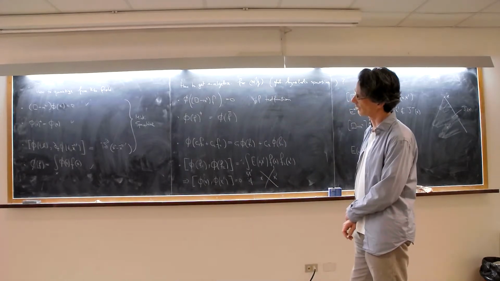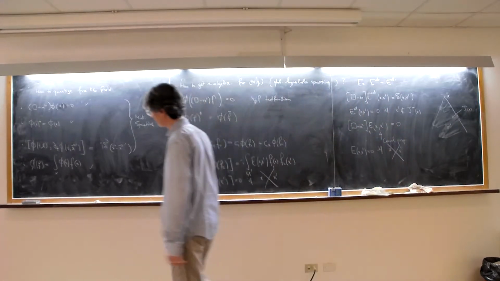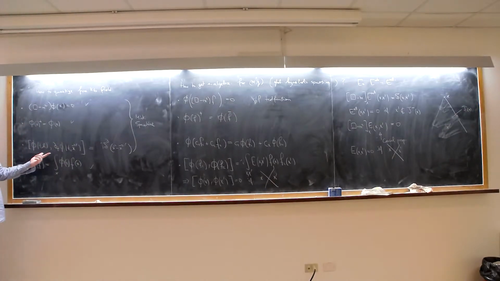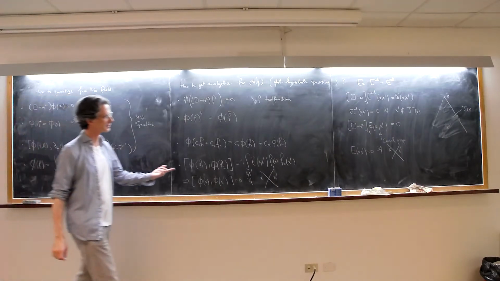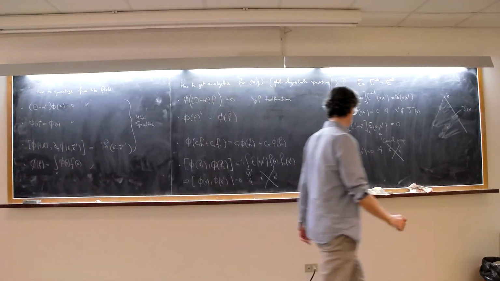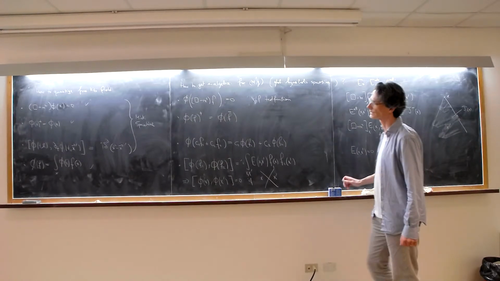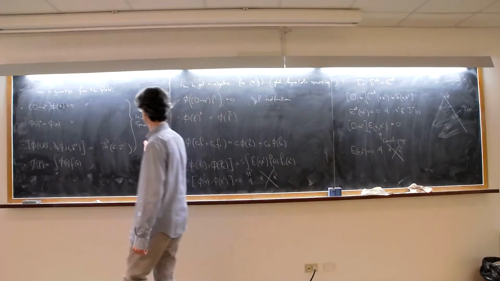So these are then the relations. The only thing you need to understand is, let's say in flat space, why you can write this condition as this condition. Call this star.